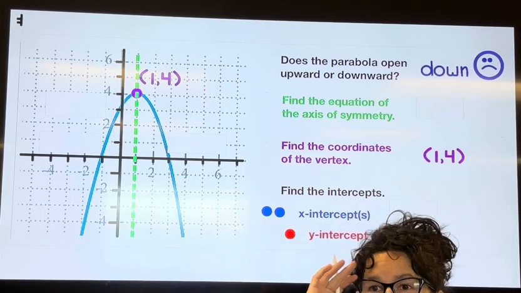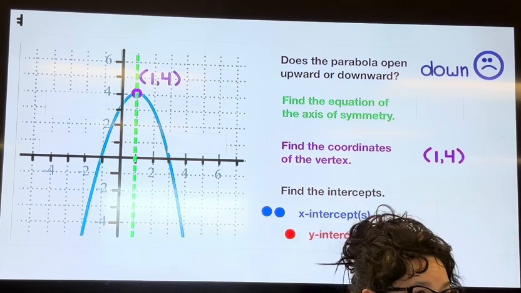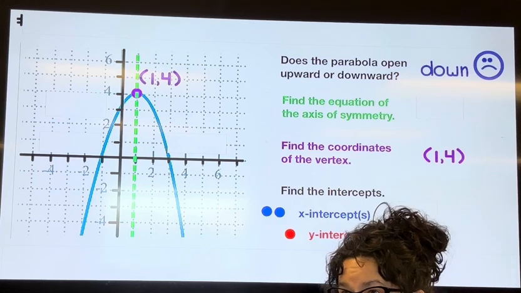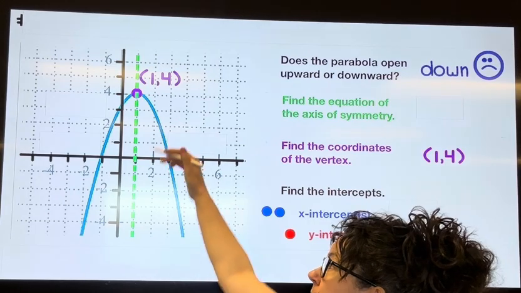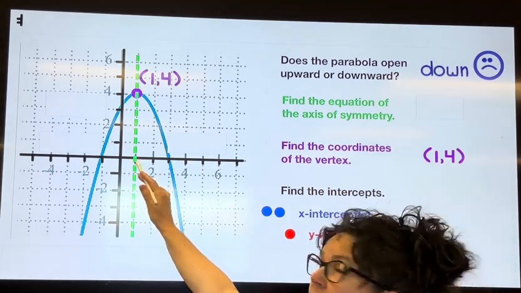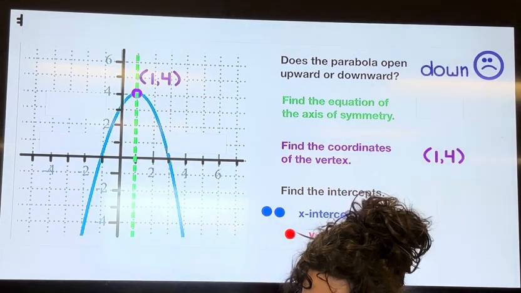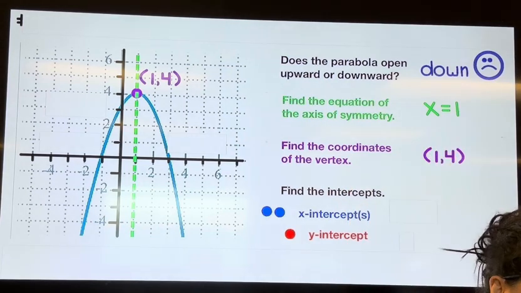Remember, the equation of every line has to have an equal sign in it. So it is not a single number for your answer. Equations have equal signs. And if this line slices through the x-axis at 1, it is x equals 1.